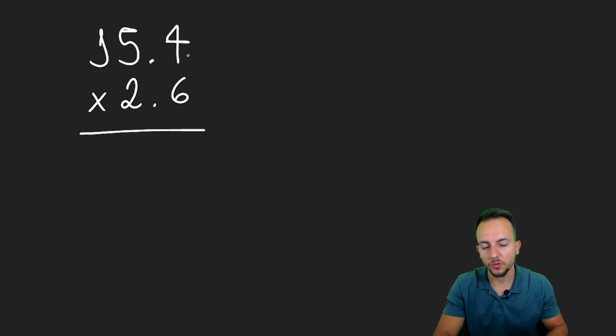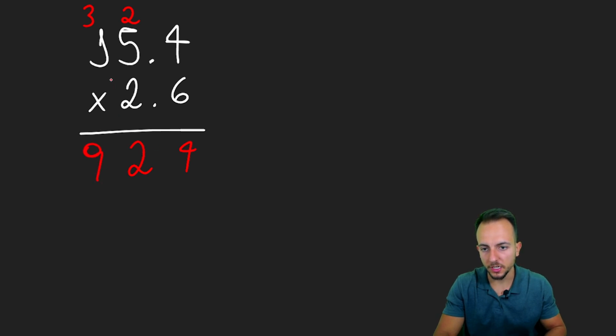So 6 times 4 is going to be equal to 24. So we have the 4, and we can carry over the number 2. 6 times 5 is equal to 30, plus 2, 32. So we have 2, and we can carry the number 3. 6 times 1 is 6, plus 3 is equal to 9.